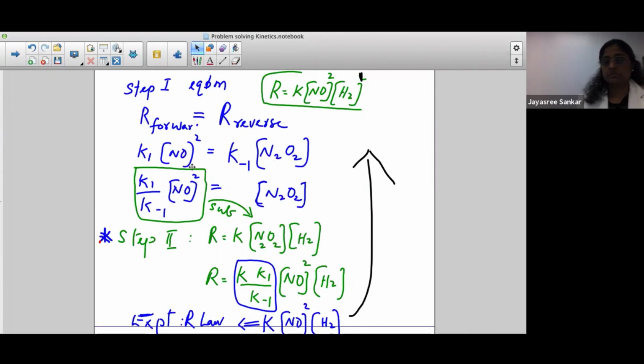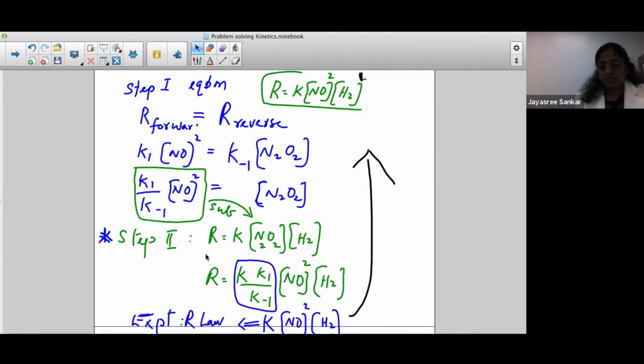That's for the forward and the reverse reaction. So from here, you could get N2O2. I can see k1 over k inverse times [NO]^2 is now equal to [N2O2]. So I'm going to replace the N2O2 in this equation with this whole block.